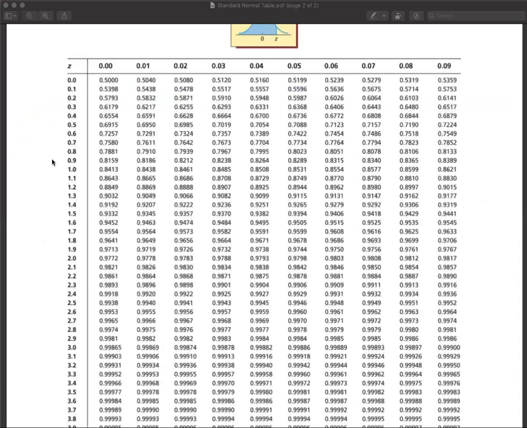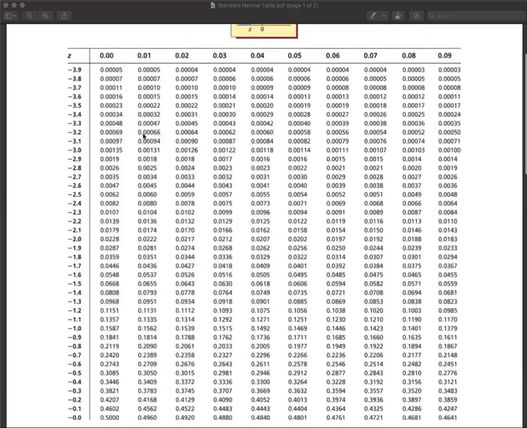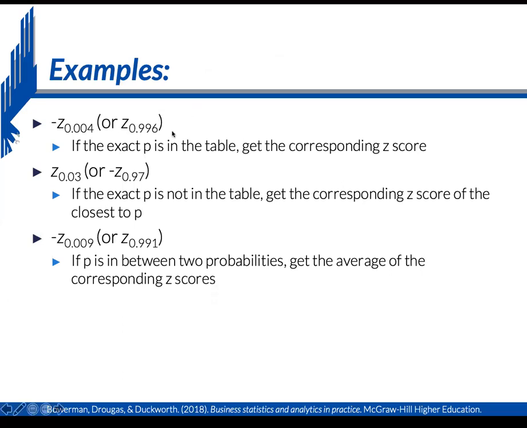If you go back to the table and search for 0.004, we will find an exact value equal to 0.004, and that's at the intersection of negative 2.6 and 0.05, which means that the z-score is equal to negative 2.65. Negative 2.65 has an area of 0.004 to its left and an area of 0.996 to its right.